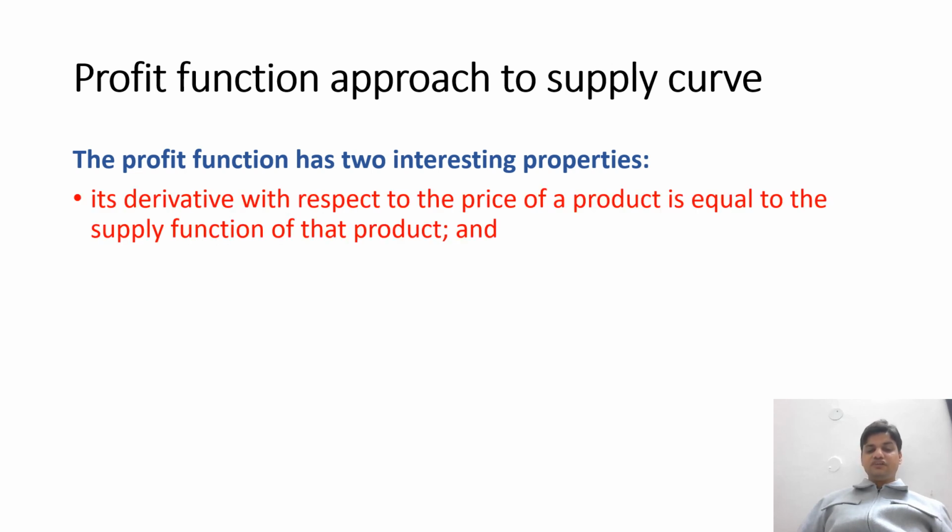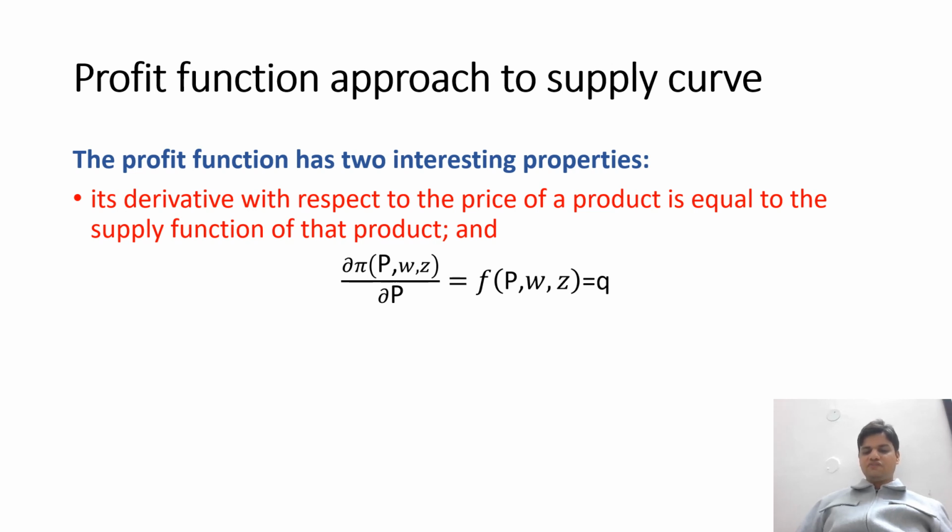Now, going further, the profit function, due to Hotelling's lemma, has two interesting properties. Its derivative with respect to the price of product is equal to the supply function of that product. This is very interesting, and this is the property upon which we are focusing. So if you partially differentiate the profit function with respect to the price of the output, then you will get the output supply function.